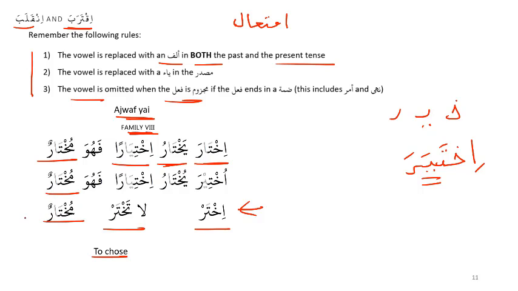The zarf and the maf'ul are the same. In fact, here the fa'il, maf'ul, and zarf are all the same, so from context we would have to figure this out. But the most important rule to remember here is that with bab iftial, the middle letter, be it a waw or a ya, gets replaced by alif.